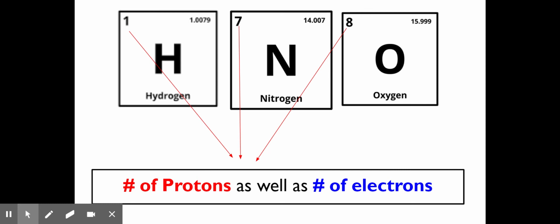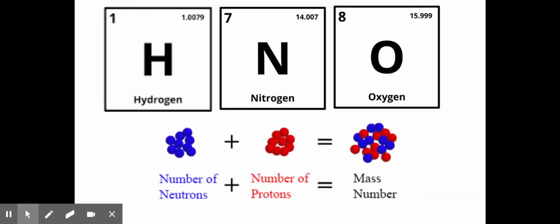The number of protons can never change. The number of electrons could change, and eventually we're going to learn more. Right now it's neutral, so you know the number of protons can also tell us the number of electrons.